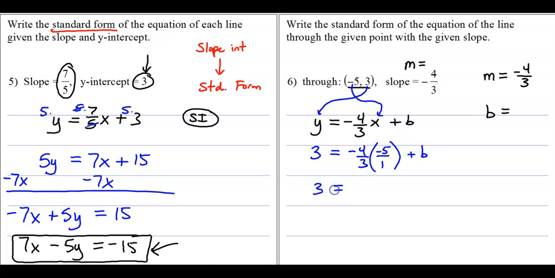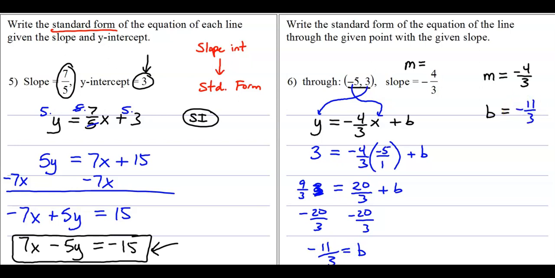So I have 3 equals 20/3 plus b. And then we're going to subtract 20/3 from both sides. Here's where a calculator would come in handy. Or I could change 3 into 9/3, because 3 is really the same thing as 9/3. So now they have common denominators. 9 take away 20 is -11/3. So that's my b. That was a lot of work.